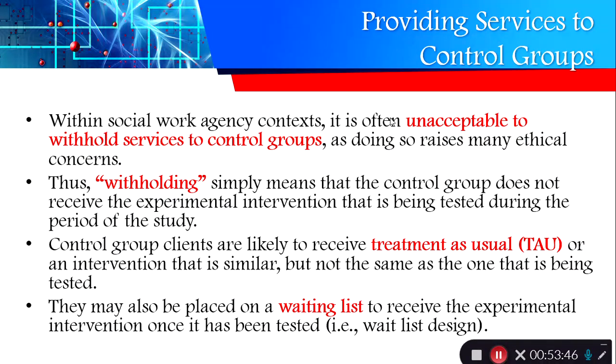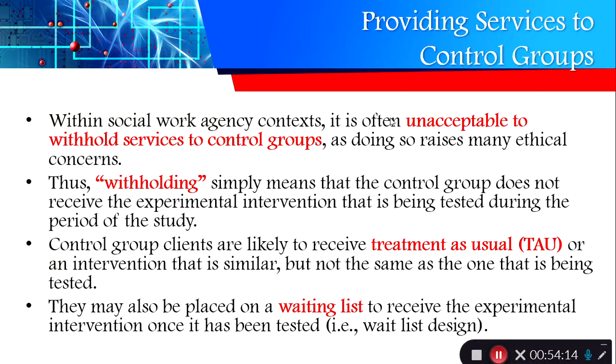Okay, so you'll more than likely see this a lot in your intervention studies, that they will use the term treatment as usual. And essentially that just means routine services. Whatever services they were already receiving, they will continue to receive. Clients placed in the control group may also be placed on a waiting list to receive the experimental intervention once it has been tested.